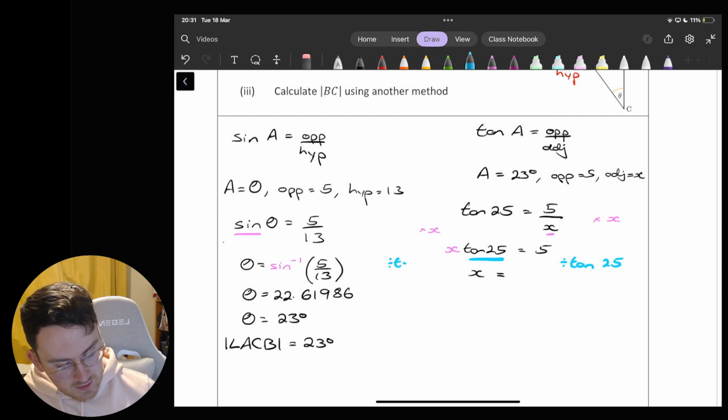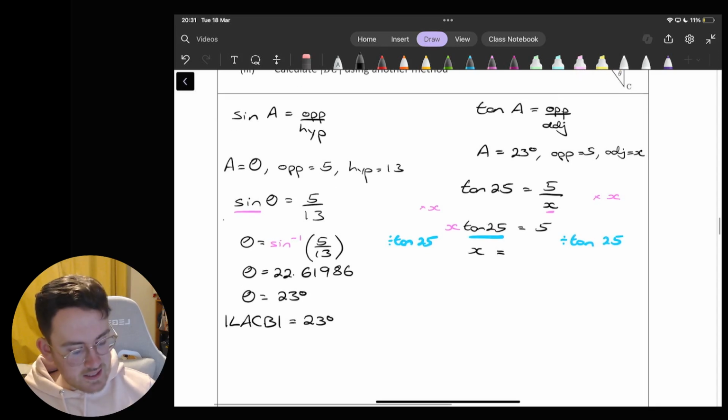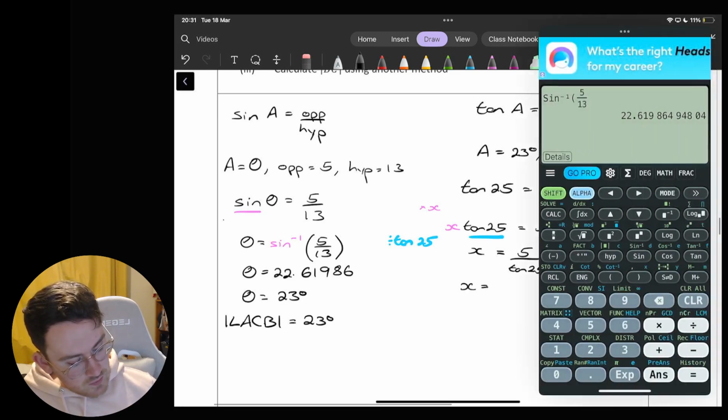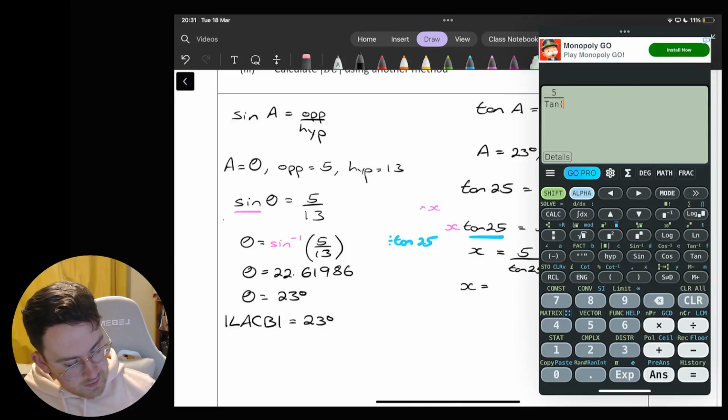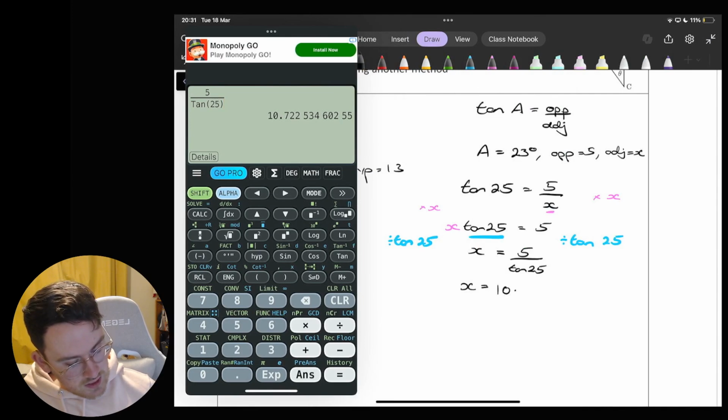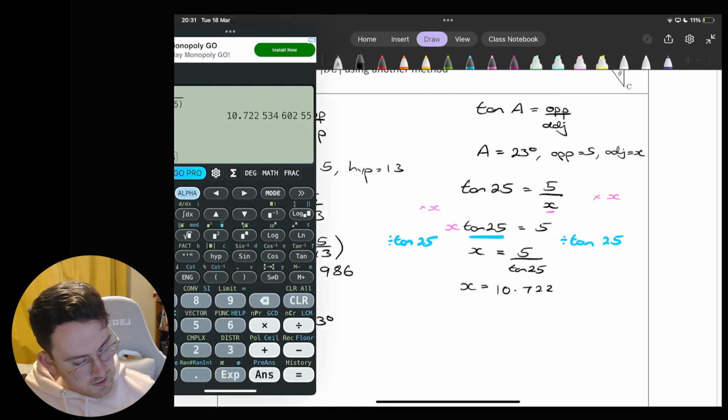Remembering that it is just a number, I just haven't worked out its value yet, but it still follows the same rules and it can be multiplied or divided. So we get 5 over tan 25, which I can fill into my calculator quite easily, and that gives me an answer of 10.722. Now let me see, excuse me, not 25, 23.